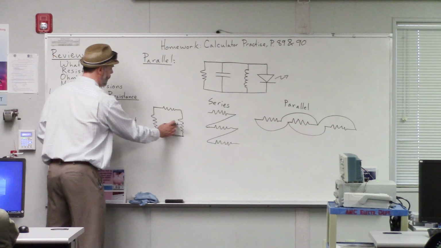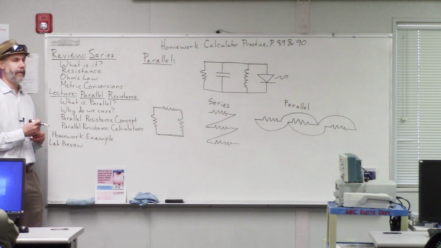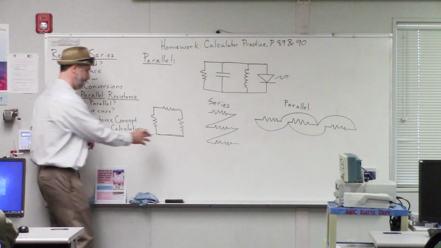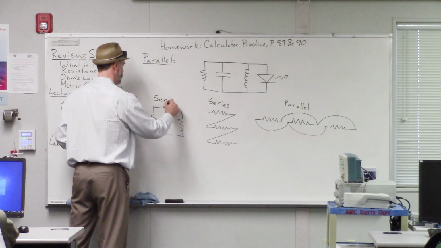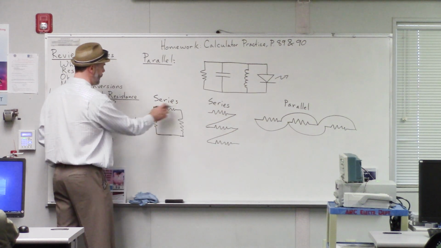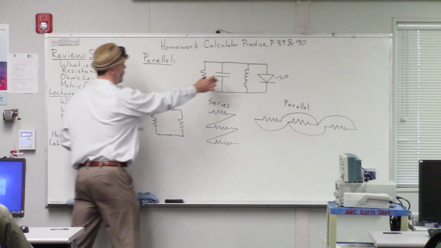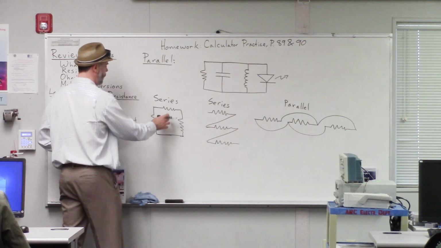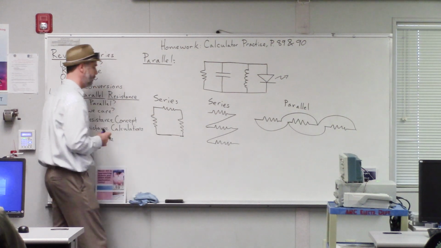Are these two in parallel now? Series. Yep, they're still in series. Because the end of one is connected to the beginning of the next. So even though these two are kind of side by side, they look a little bit like parallel. They're not, because this other one is in between them. Okay.